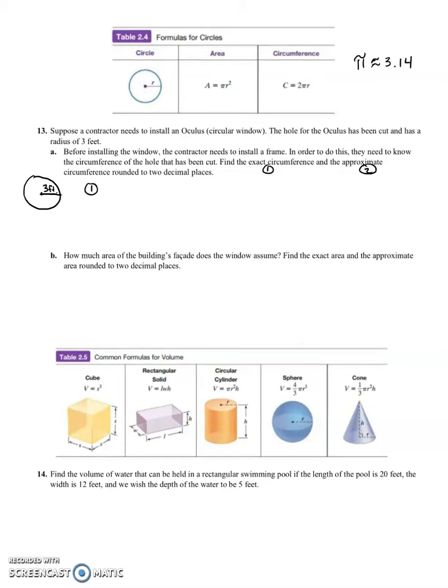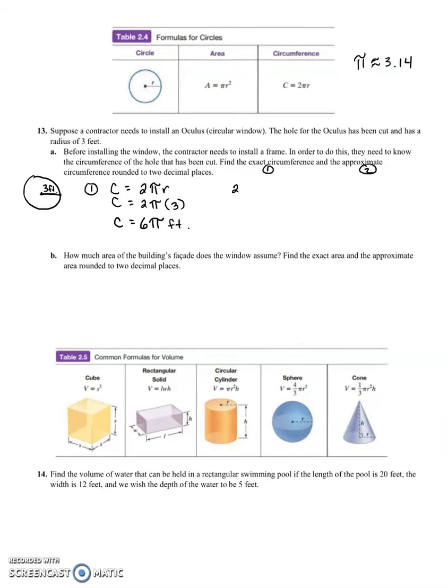For part 1, the circumference equals 2 times pi times the radius. So 2 pi, and the radius is 3 feet here. Remember, we can multiply in any order, so 3 times 2 is 6, and for an exact answer, we leave the pi symbol at the end.